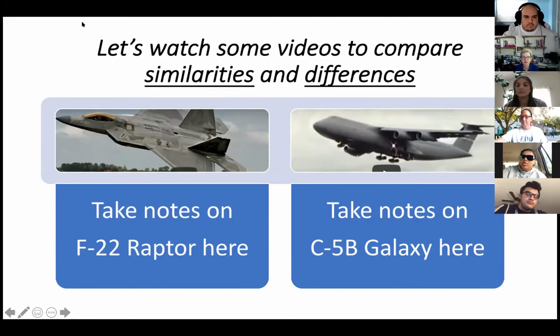Is the YouTube loading? Can you see it? Try clicking it one more time. Okay. I hear it in the background. Let me see if it would just work. See if you can stop sharing your screen, and then I'll share the video because I also have it loaded up. So you want to do the F-22 Raptor.